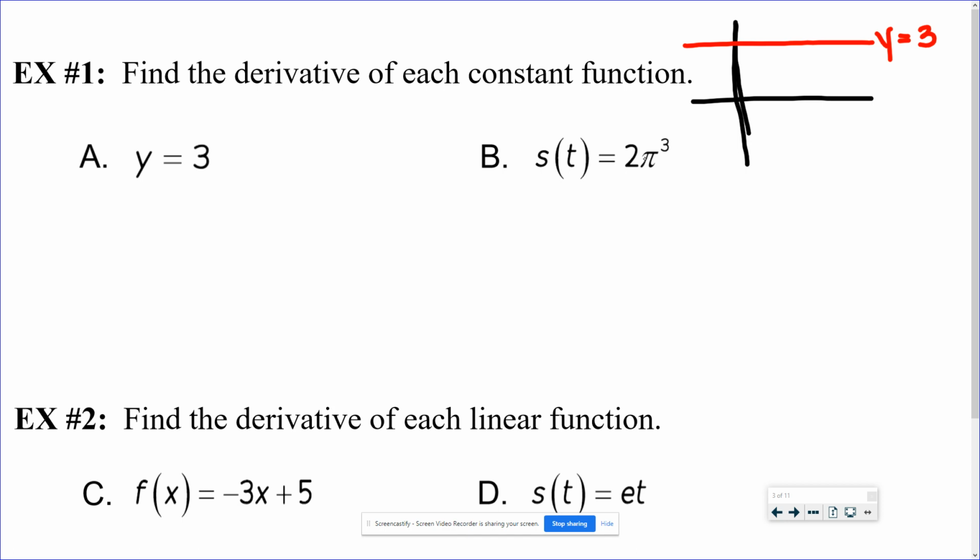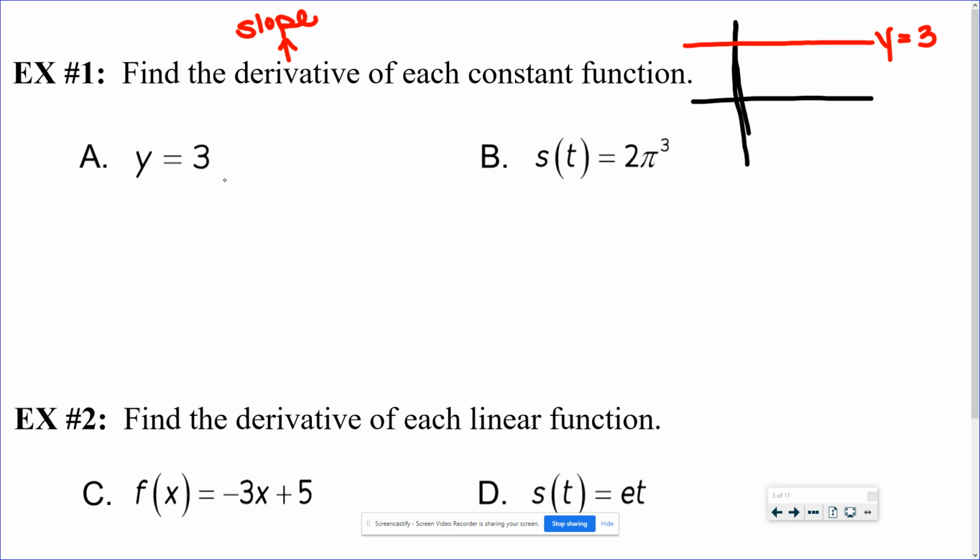Any constant value, 2 pi to the third, would be the same. It'd just be a horizontal line somewhere. The derivative of a function is just you stating what the slope of that line is.